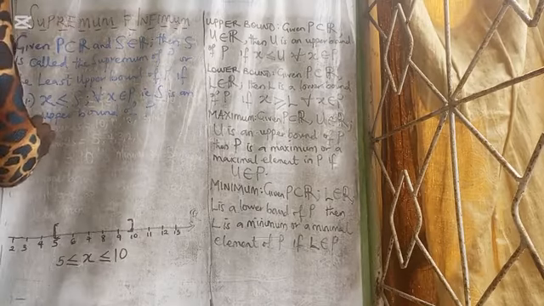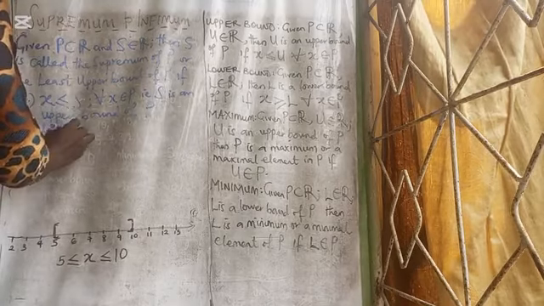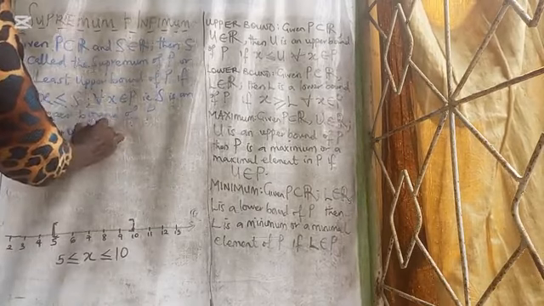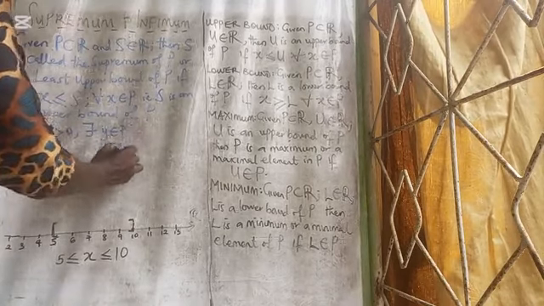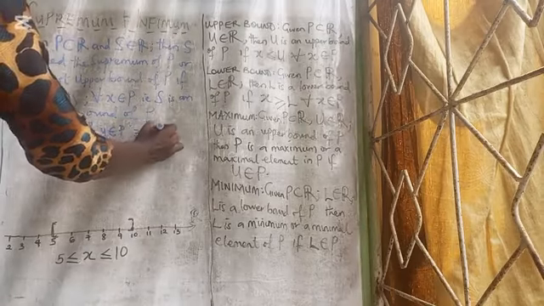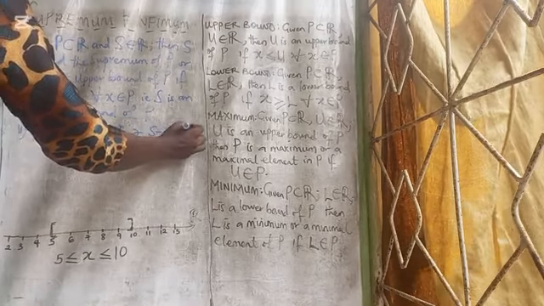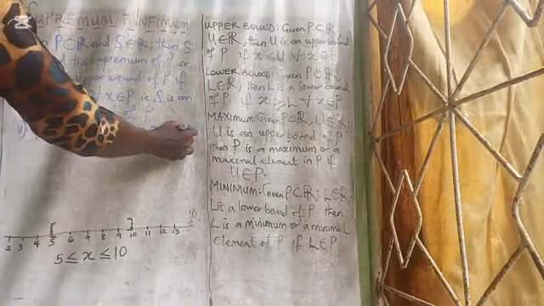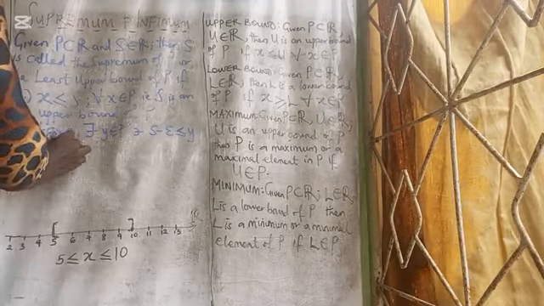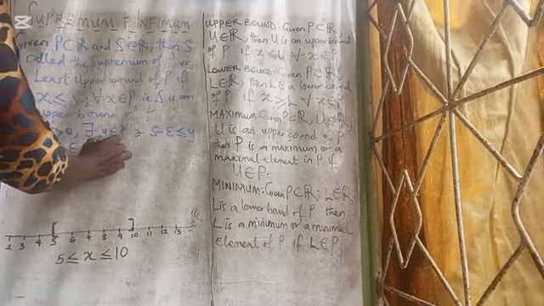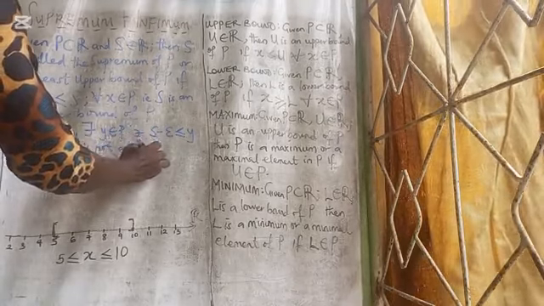And then 2, for all epsilon greater than 0, there exists a Y in P such that S minus epsilon is less than or equal to Y. And if S minus epsilon is less than or equal to Y, then it does what? It implies that S minus epsilon is not an upper bound.